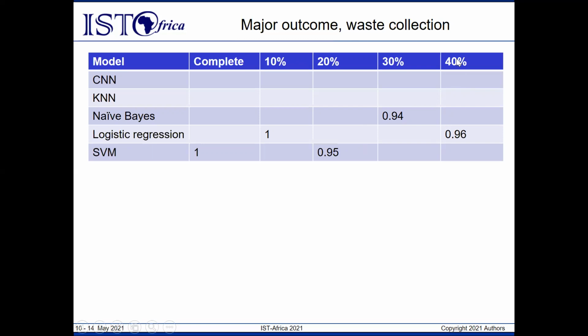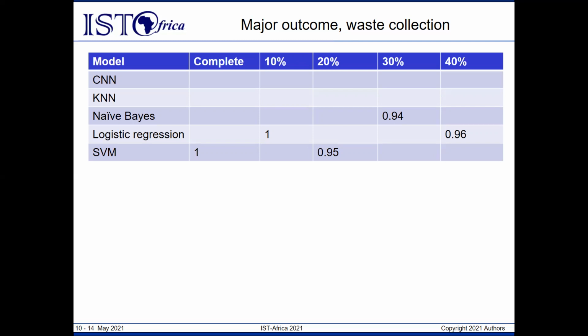Now, we ended up at 40%. At 50%, we also tested it, but none of them were performing. They looked like they were just returning the same values. So based on the observation, it was like, nah, this is biased now.